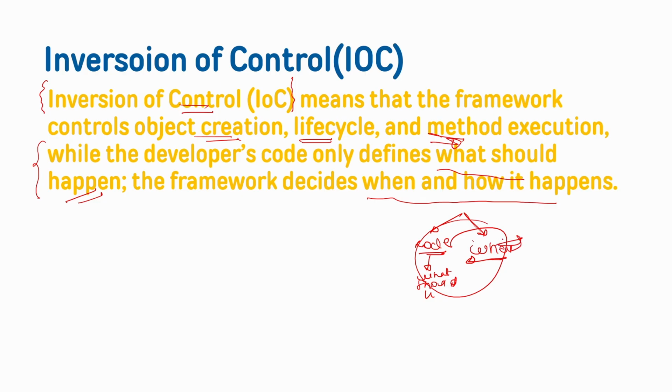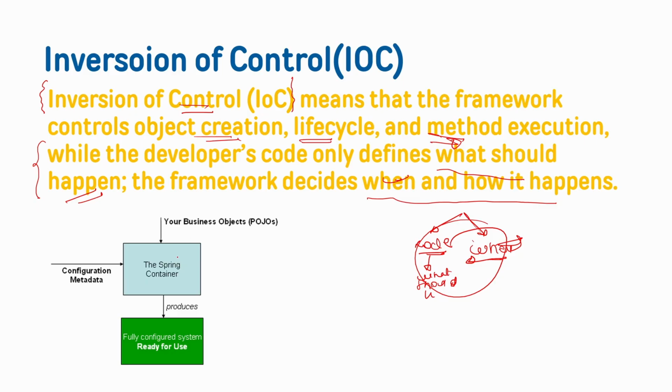What is inversion of control? With inversion of control, we are giving the control of execution of our code to another piece of software known as the framework. Now the framework controls the flow of execution. Our code only defines what should be done, and the framework decides when and how.